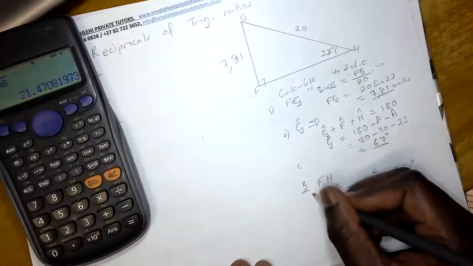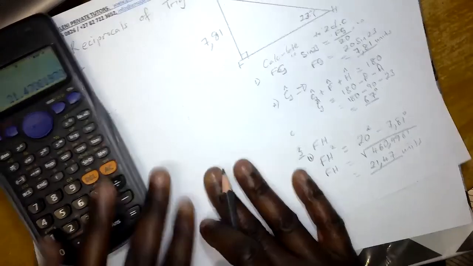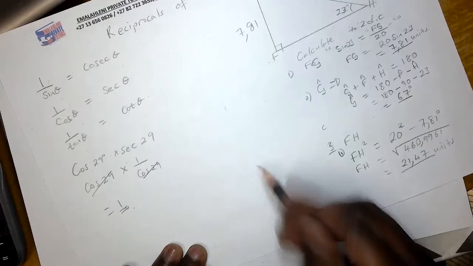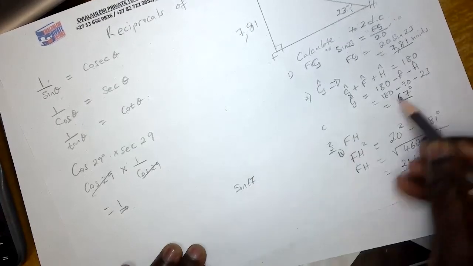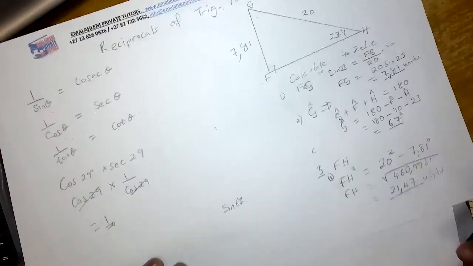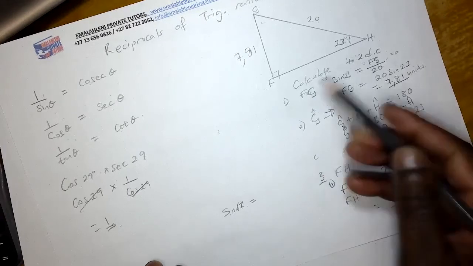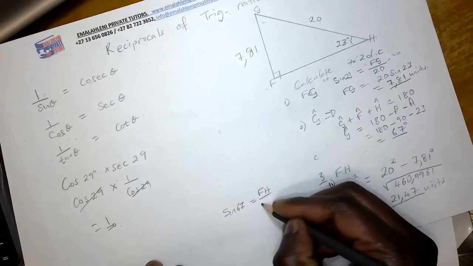So this is one method that you can use, or you can say sine 67, the one that we got here, sine 67, which is this angle now that you have. Sine 67 is going to be equal to FH over 20.